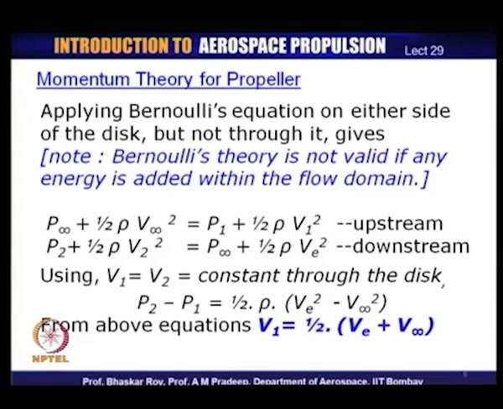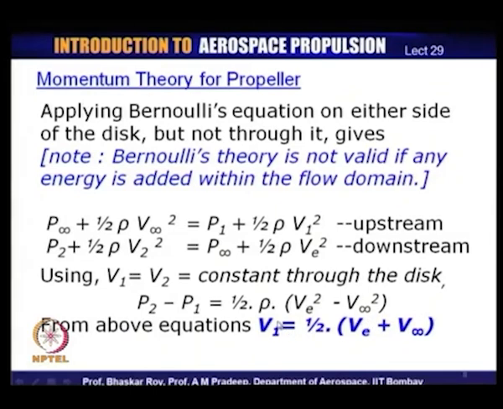Now, this is a very important and useful concept, coming from very simple mathematical simplifications, and it gives us that if the upstream velocity is measured, let us say a propeller is being tested in a propeller wind tunnel, the easiest thing to do is measure the velocity far upstream of the propeller in the wind tunnel, and then measure the velocity far downstream of the propeller in that huge wind tunnel, and the average of the two gives us the velocity through the propeller.